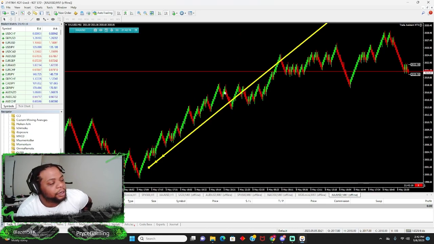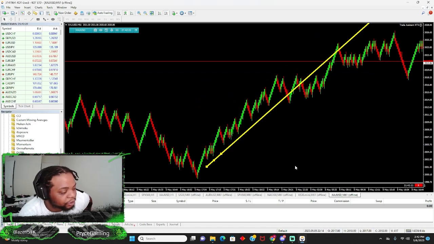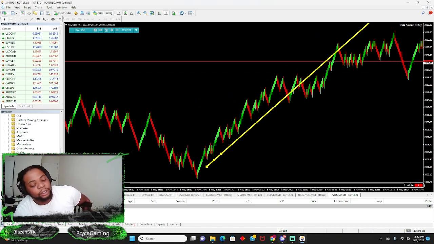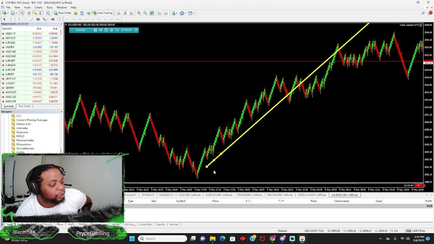So this right here, little short-term trend. It's an uptrend. Why is it an uptrend? Like I said, trend is price moving in a particular direction over a period. So for a short time, price was moving up.